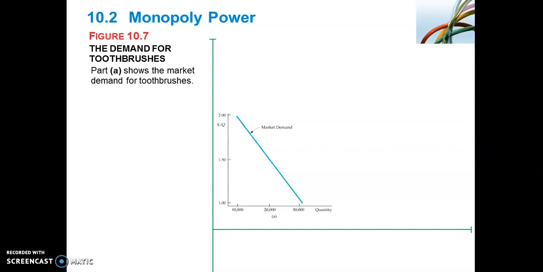So in figure 10.7a, we are shown the market demand curve for toothbrushes, as you can see here.